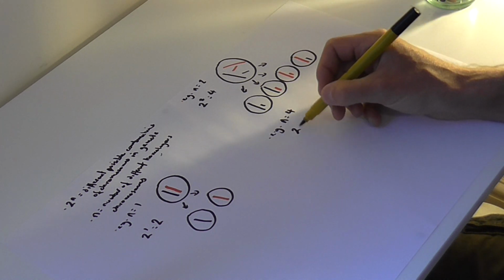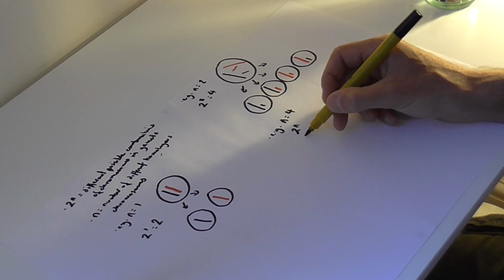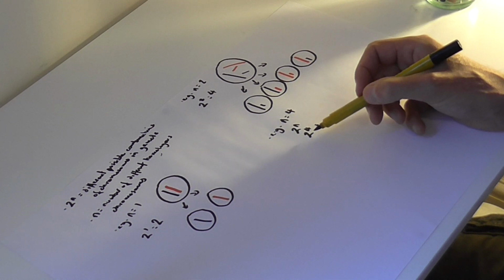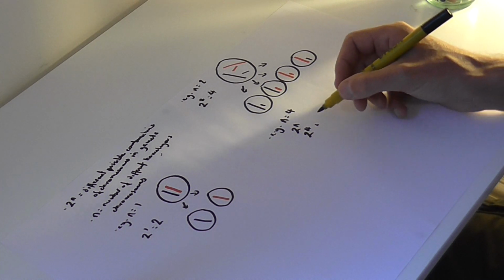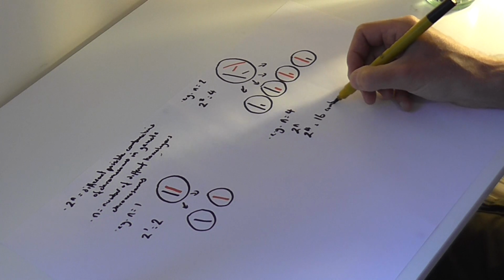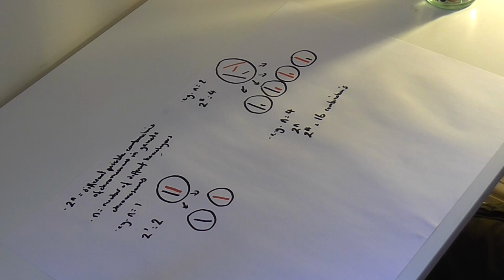So we're using 2 to the power n, and therefore we're going to have 2 to the power of 4. So 2 multiplied by itself 4 times, 2 times 2 times 2 times 2, would mean you get 16 different possible combinations of chromosomes in the gametes being produced.